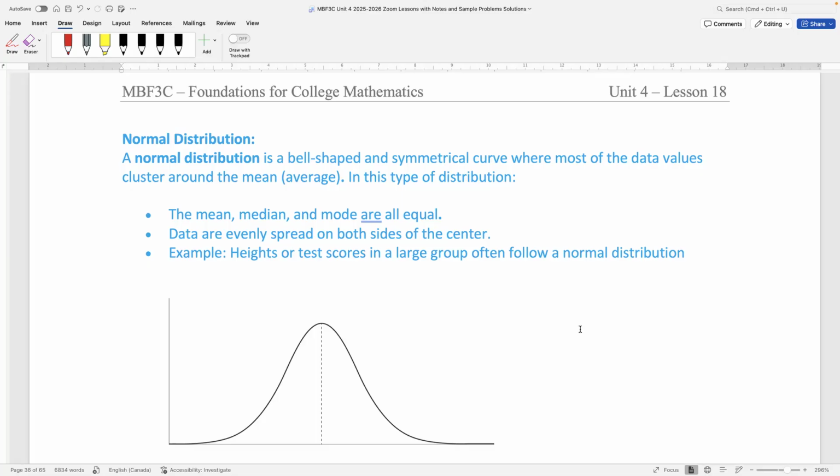Remember from yesterday, there are not many kids that are 17 years old and 7 feet tall. That's quite rare. So he would be over on this end, and if someone's really short, they'd be on this end. This is a normal distribution, and it is a bell-shaped curve.